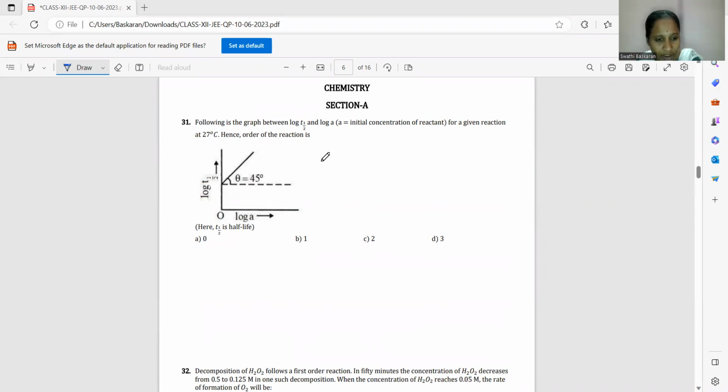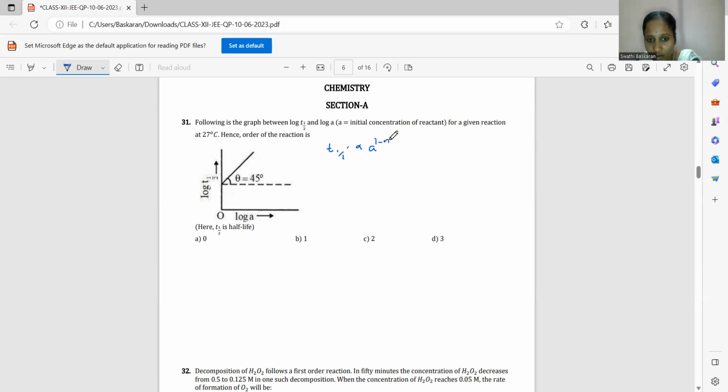So how to approach? Basically, the graph is given between log T half as well as log A. Correct? So we know the T half of an nth order reaction is directly proportional to A raised to the power 1 minus n.